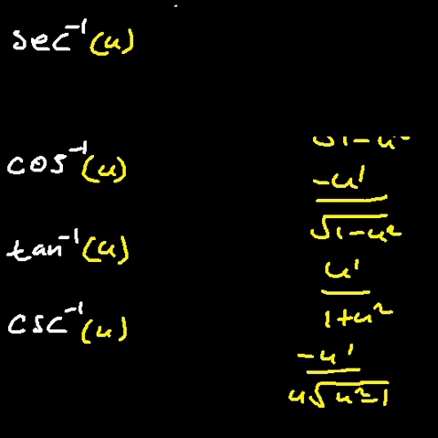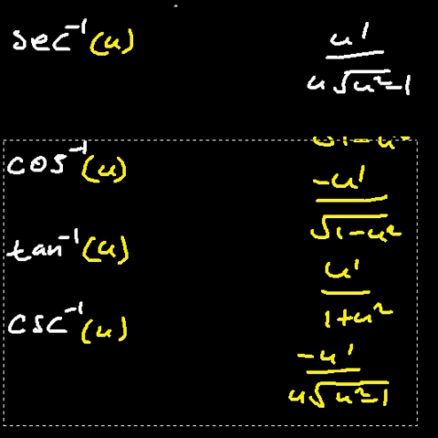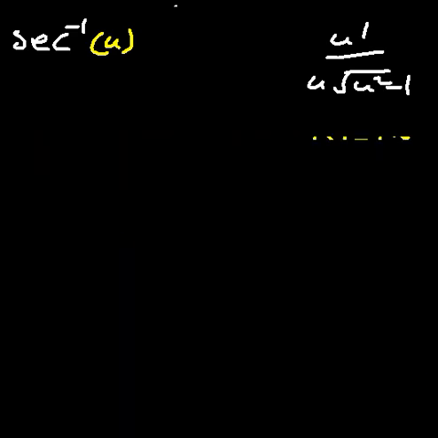So have it as u prime over u times the square root of u square minus 1. So that is the derivative. Mind you, here we have a negative, and that one we have it as a positive. So just have to memorize these.